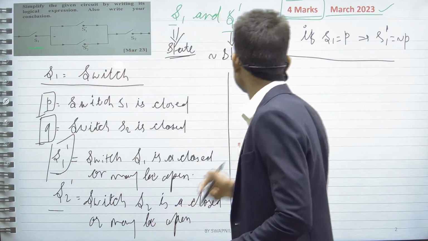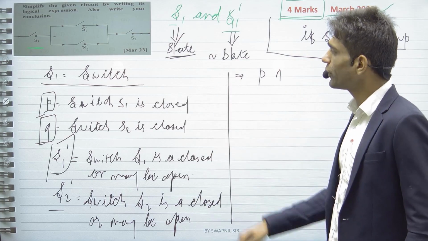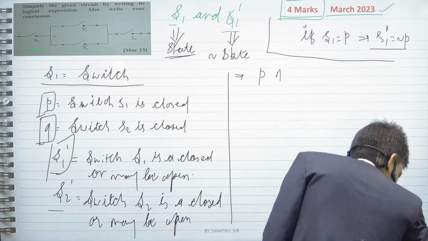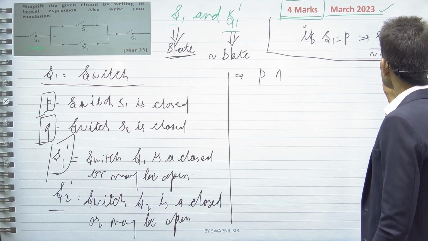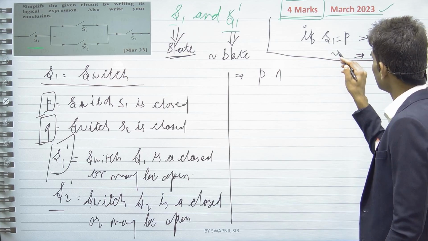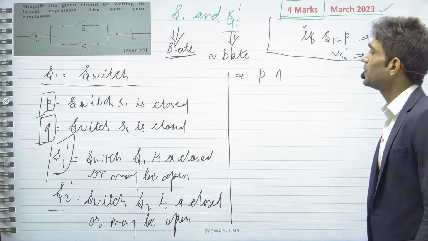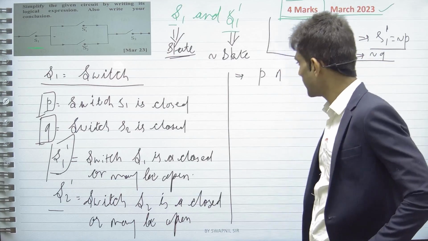That's why we have taken S1 dash as negation of P. Similarly for S2 dash, the value is negation of Q. Now substitute all these values back into our example, and you will get the required answer.